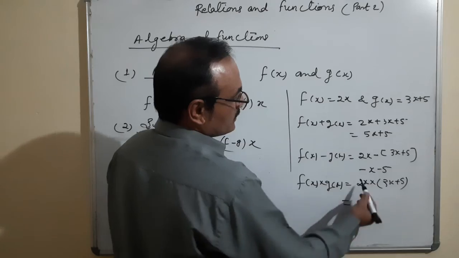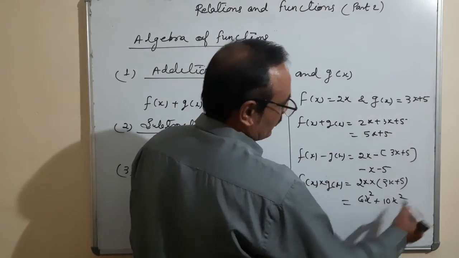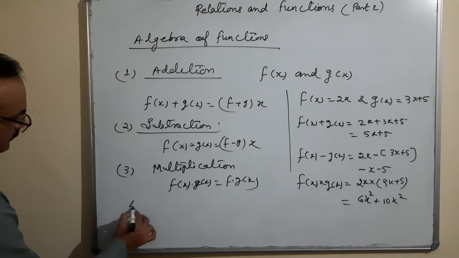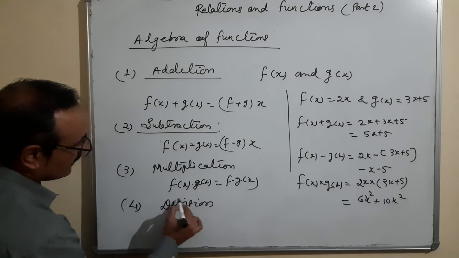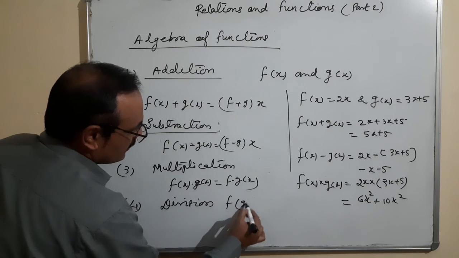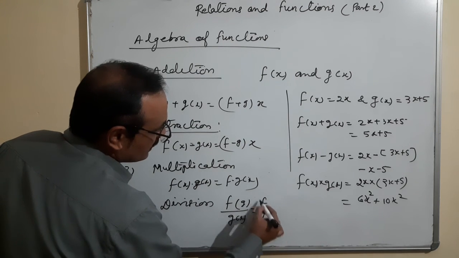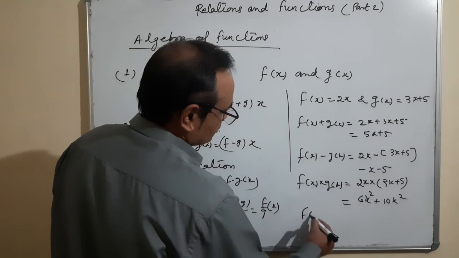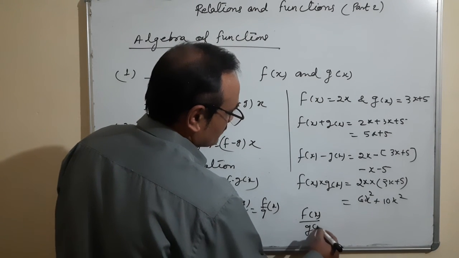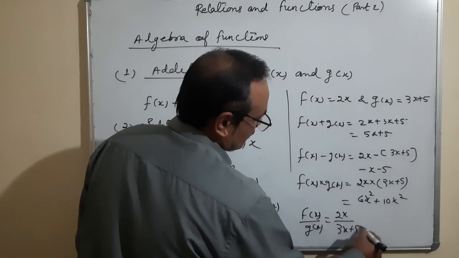So this is a multiplication. 2 3s are 6x square plus 5 2s are 10x. Okay. And the fourth one is division. F of x upon g of x can be written f upon g of x. Okay. Same thing here, you can divide it. F of x upon g of x is equal to 2x upon 3x plus 5.